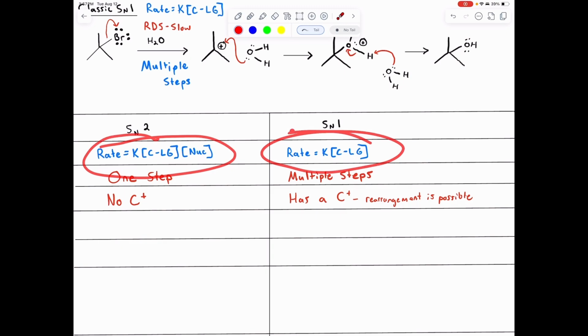But hopefully what you see is the nucleophile is involved in the rate determining step of SN2, so it matters greatly. The nucleophile does not participate in the rate determining step of SN1, so the nucleophile does not matter for the speed of the reaction for SN1.